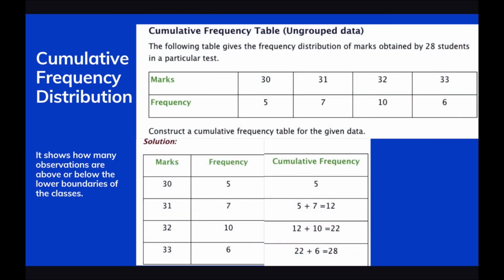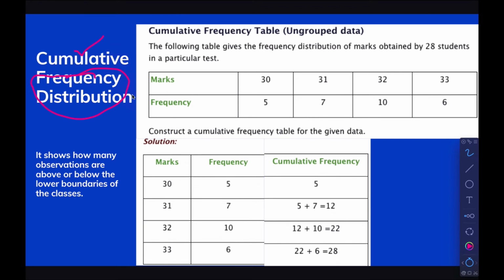All right, let's talk about one more concept, which is the cumulative frequency distribution. We've already learned what a frequency distribution is. The new concept we are adding here is cumulative.